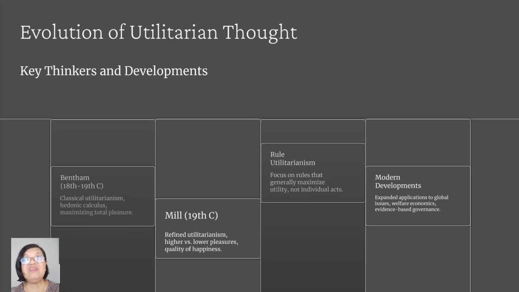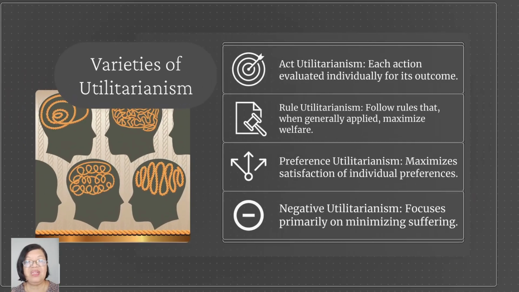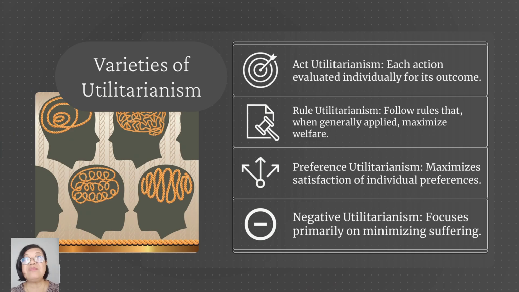We proceed now to the different types of utilitarianism. In this presentation, there are four, but there may be more. Act utilitarianism evaluates individual acts.